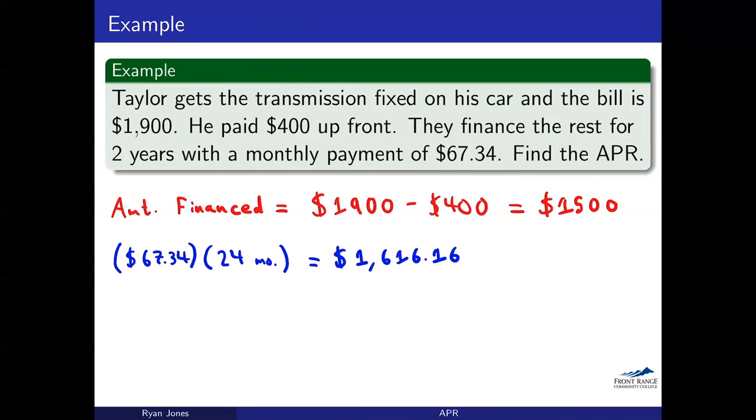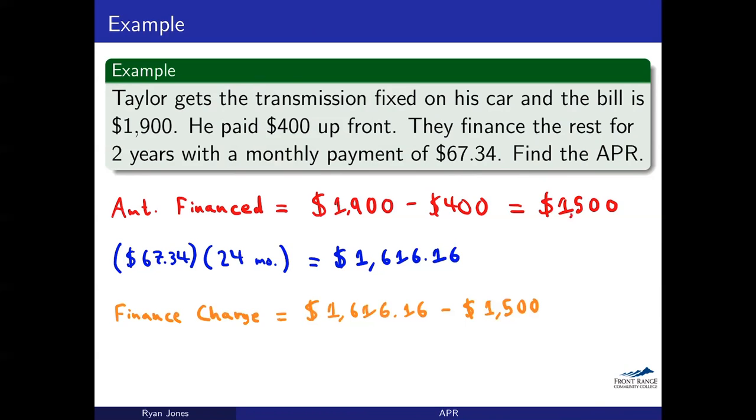But as we've calculated, he only was supposed to pay $1,500. And so what we're seeing here is the finance charge, that's how much extra he paid. That's the interest. The finance charge is equal to how much he actually paid over the lifetime of this loan, and then I subtract how much he was supposed to pay, which is that $1,500.